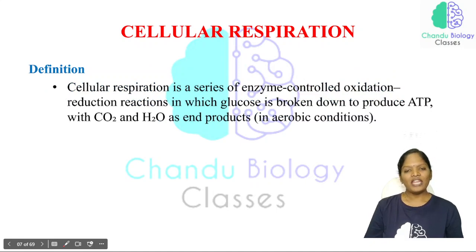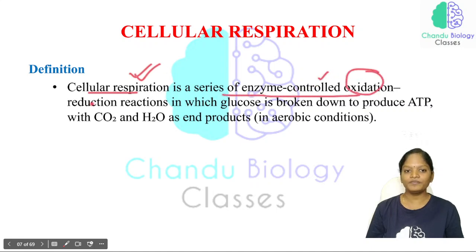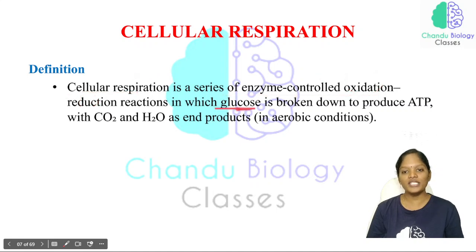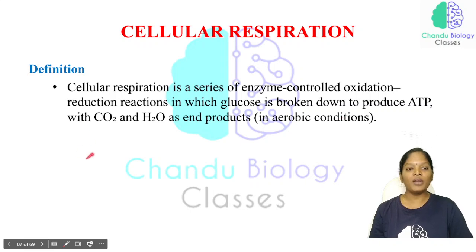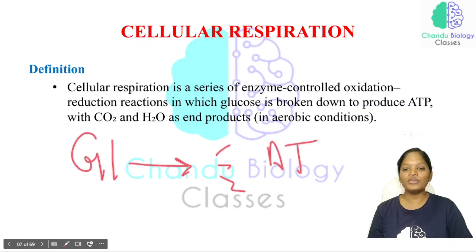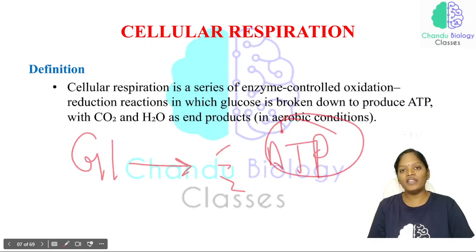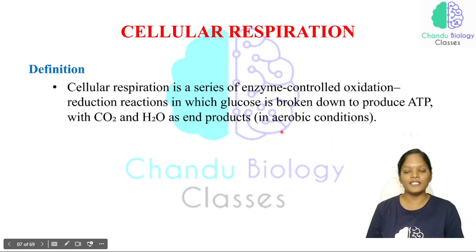See, and how can we define cellular respiration? Cellular respiration is a series of enzyme-controlled oxidation-reduction reactions in which glucose is broken down to produce ATP, with carbon dioxide and water as end products in aerobic respiration. What have we discussed? A complex molecule like glucose is converted into simpler molecules, and they provide us energy. How does glucose provide energy?